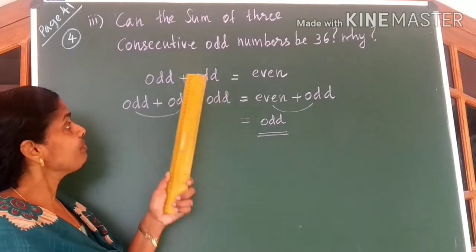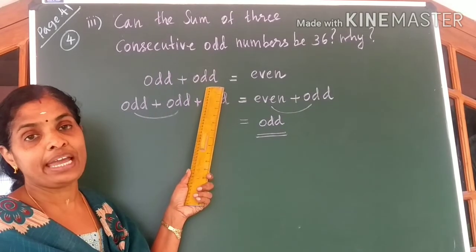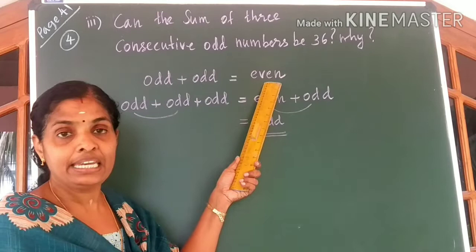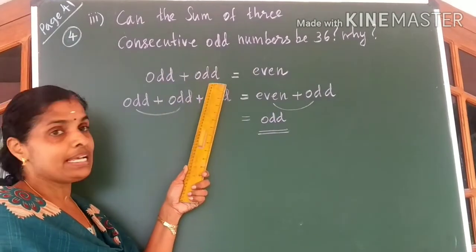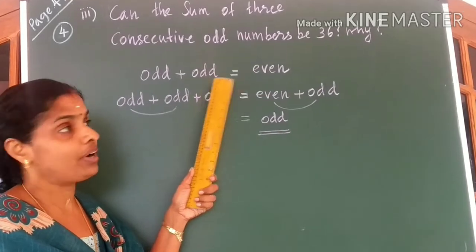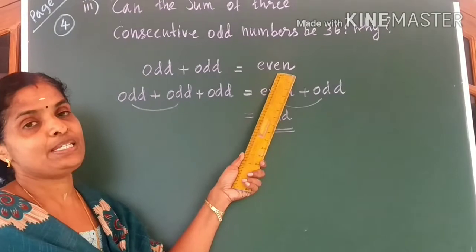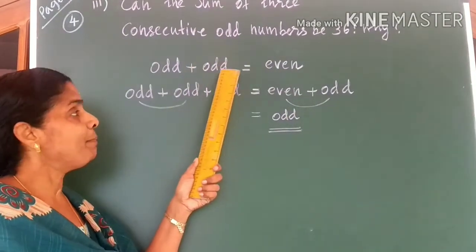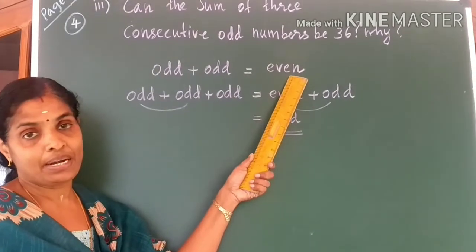Please understand. If you add 2 odd numbers, what do you get? You always get an even number. For example, you take 1. 1 plus 3 is equal to 4, which is an even number. Do you understand, children? Have this in your mind. Odd number plus odd number always gives you an even number.